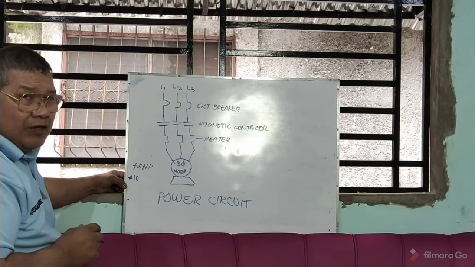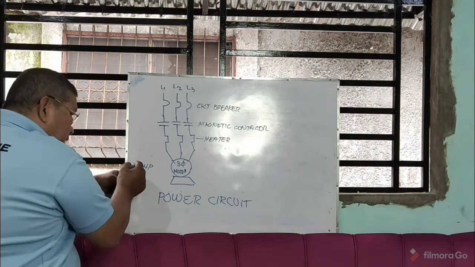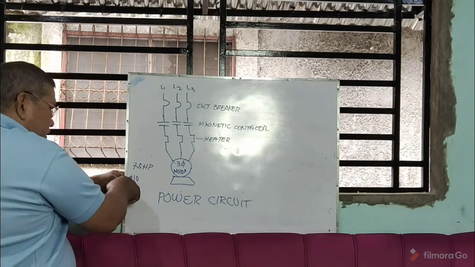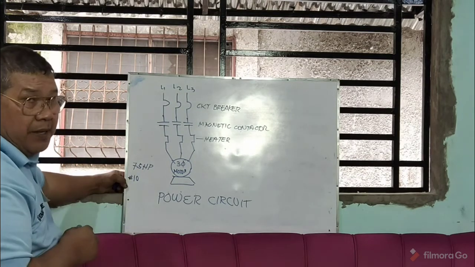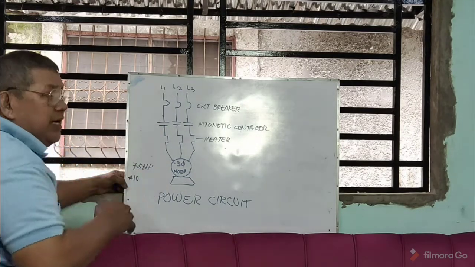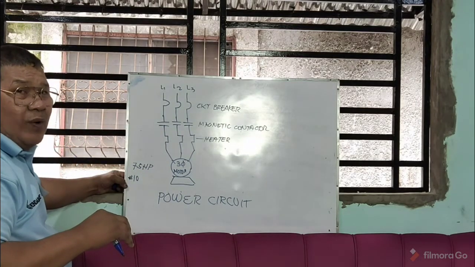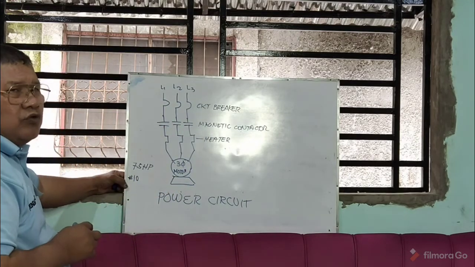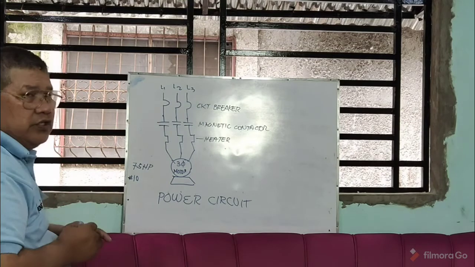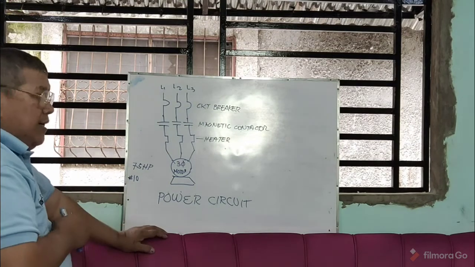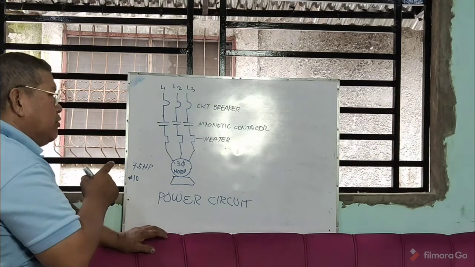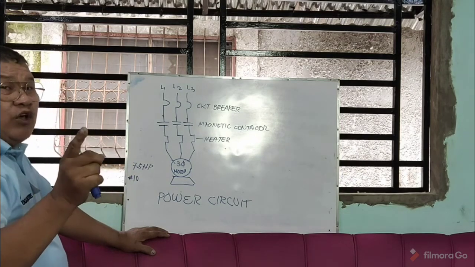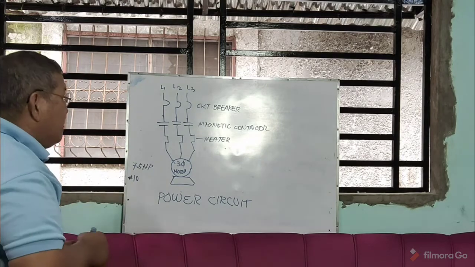Okay? So that would be the size. So in the power circuit, the wire to be used there is number 10. But for the control circuit, of course, you will only use a small size of wire. It depends on the power of your magnetic coil or holding coil.